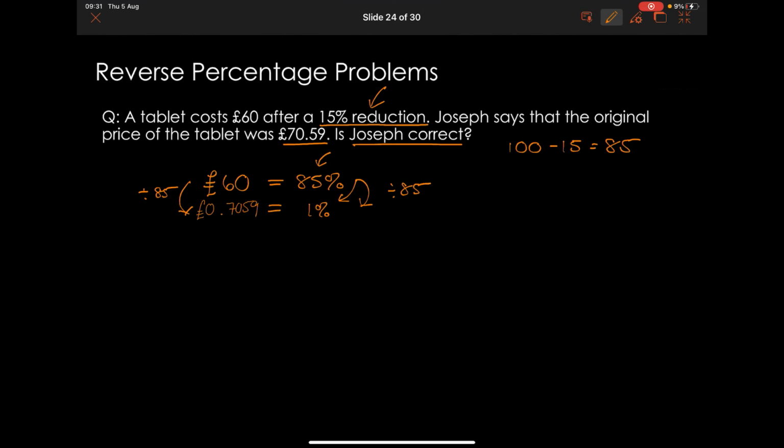Okay. So then all I need to do is times by 100 to give me 100%. If I times that by 100, it gives me £70.59. So yes, Joseph was correct.